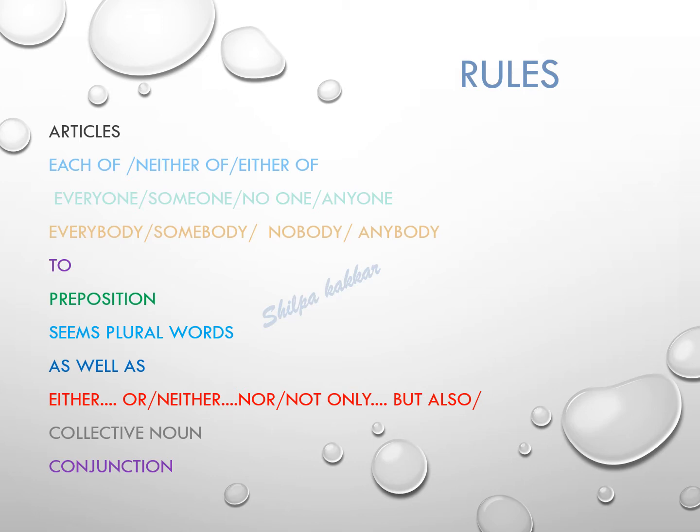Use of each of, neither of, either of. We will understand what we have to keep in mind while seeing the sentence which carries everyone, someone, no one, anyone. We will also see what everybody, somebody, nobody, anybody take with them.